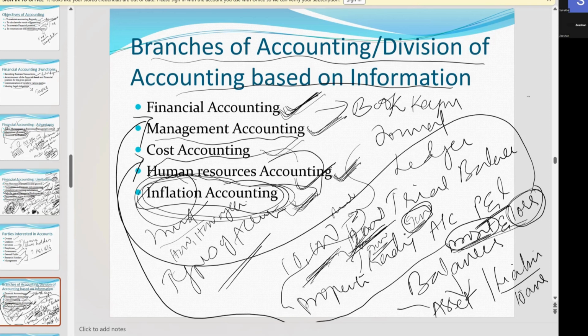Human resource accounting means what type of employees to recruit in the organization so that you can improve your profit. Inflation accounting means that in day-to-day pricing, prices keep increasing and decreasing, so you have to put a proper control so that you get profit either way. That is known as inflation accounting.